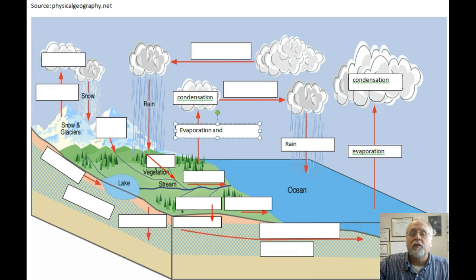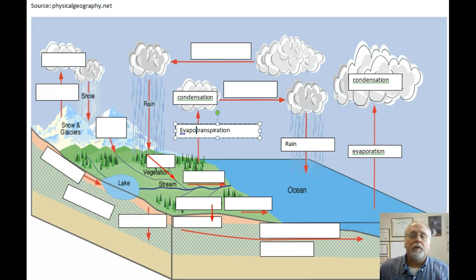Oops, my transpiration just disappeared. So why don't I make a new word called evapotranspiration. So that's the combined effects of evaporation and transpiration. We can't really separate it. We just know that we have moisture coming up into the air from this vegetated land. Some of that's due to evaporation, some of that's due to transpiration by the plants. So we put that together and we call it evapotranspiration.